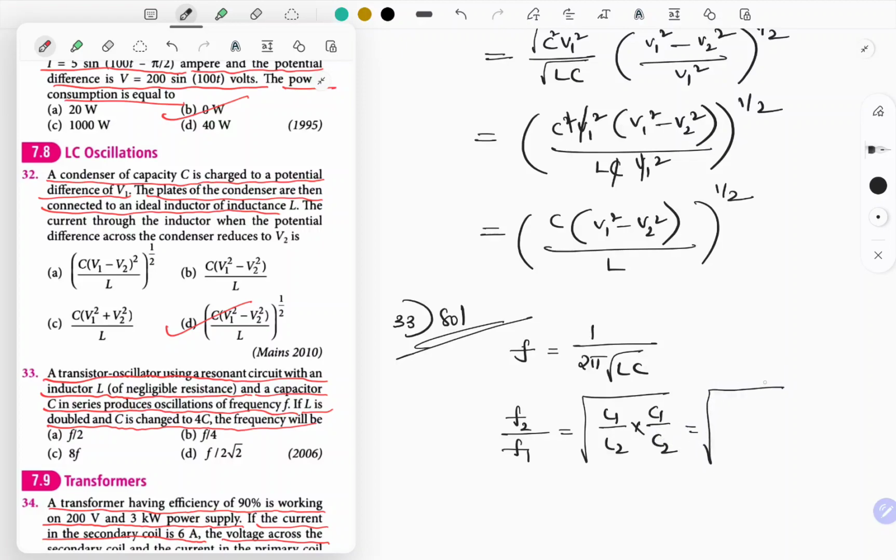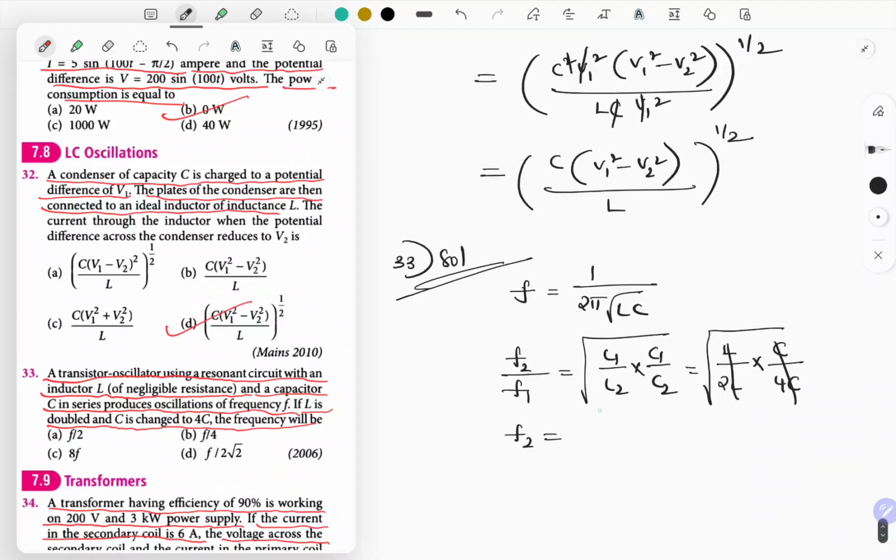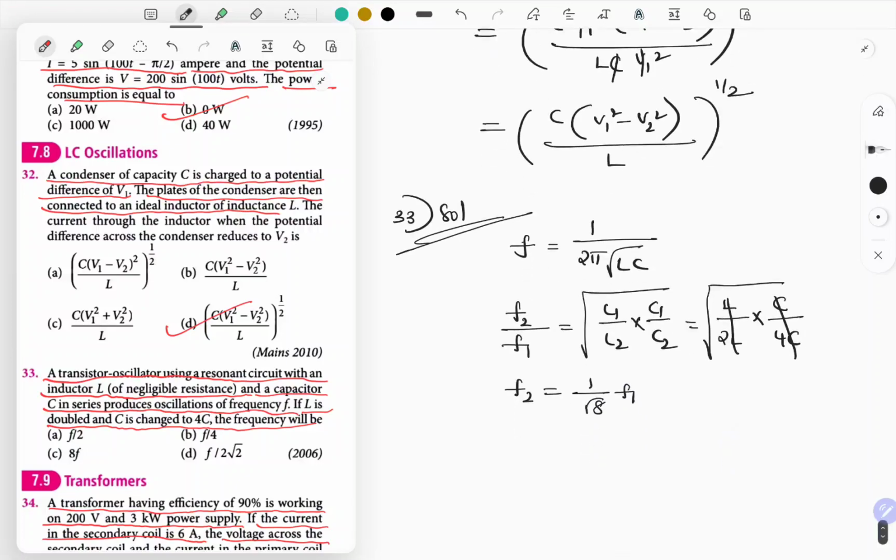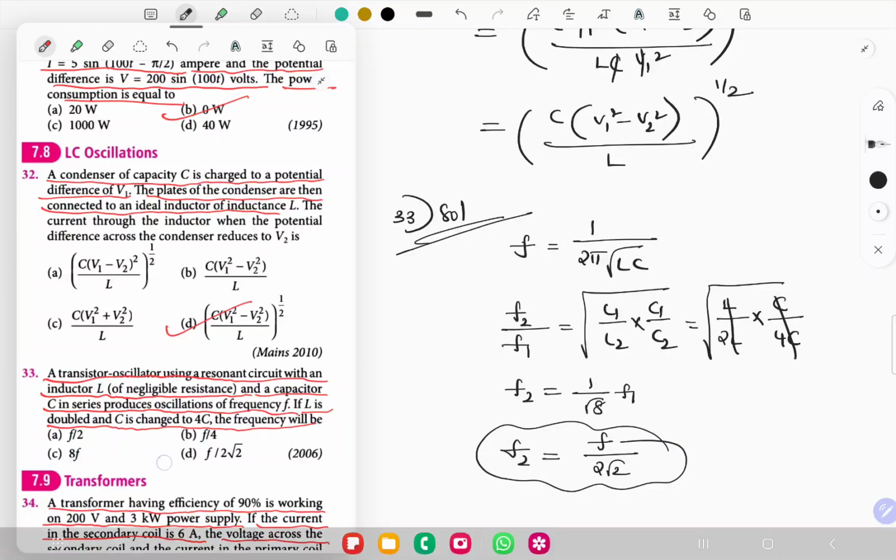L1 is L itself, L2 is double, that means 2 times L, and C2 is 4 times C. So L gets cancelled, C gets cancelled, then F2 is equal to 1 by root 8 times F1, where F1 is F. Then F2 is equal to F by 2 root 2. The answer for this question is option D.